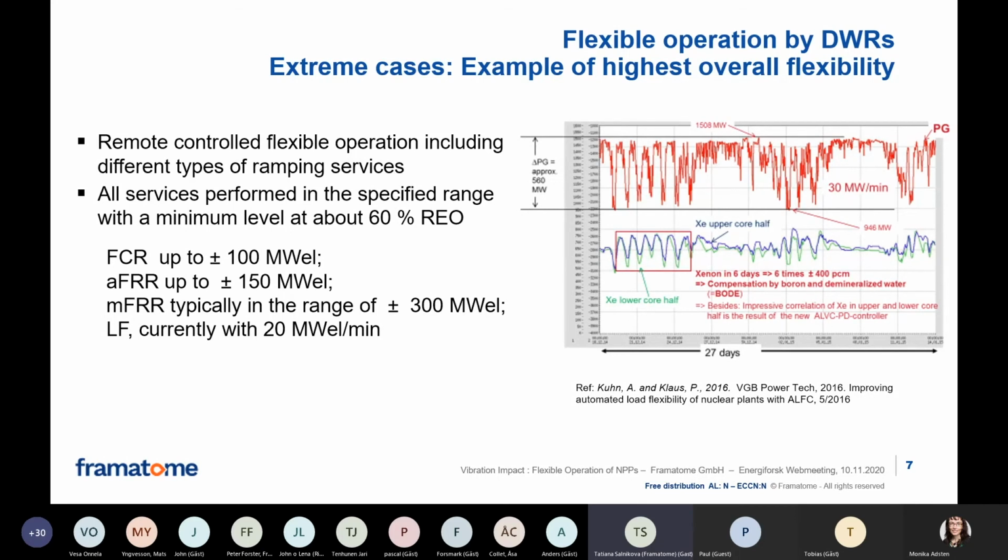And this red curve is an overlapping of different types of services. They have primary, secondary control, 100 megawatt electric primary, aFRR with 150, mFRR with 300 megawatt electric, and load following. And the ramps they performed were sometimes in the past years even about 40 megawatt electric, and 30 megawatt electric, and now they went back to 20 megawatt electric per minute.